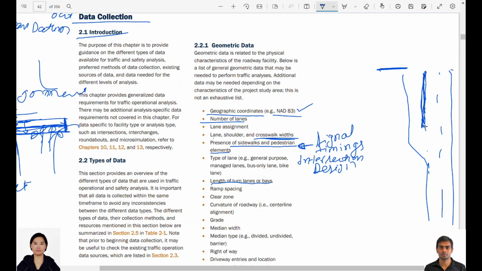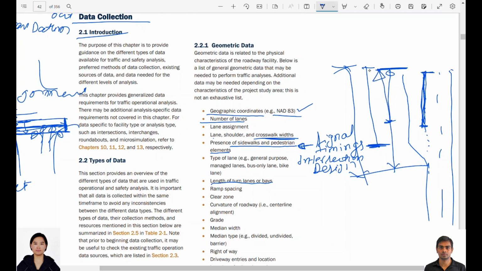There are various options to calculate the length of the turn bay. One is from here to here, where the solid marking is. Another option is to go from here to this taper. Another option is to go up to the end of the taper, and other options are in between.